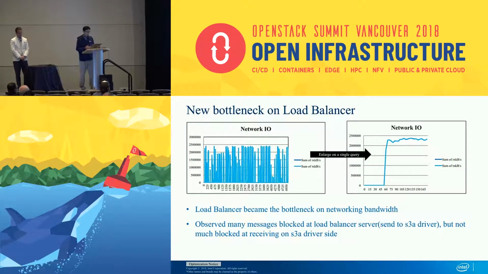Okay, so we've done the first round of tests, and we are trying to figure out which is the bottleneck. Obviously, in the previous architecture, the load balancer is going to be the bottleneck. We then checked the network traffic, and we found the maximum network bandwidth is like 2.5 giga.